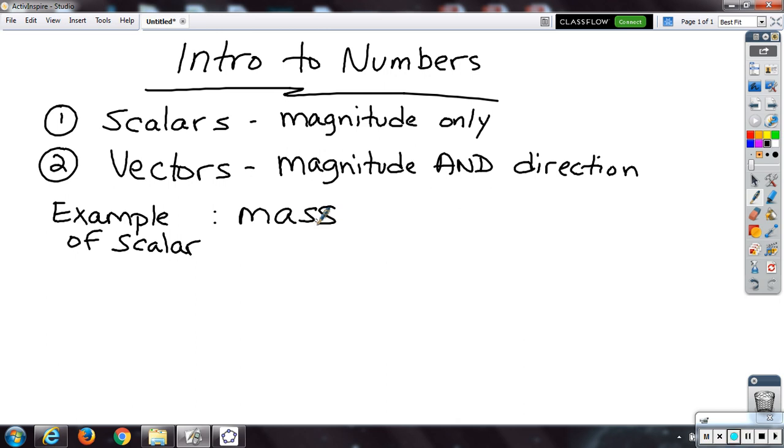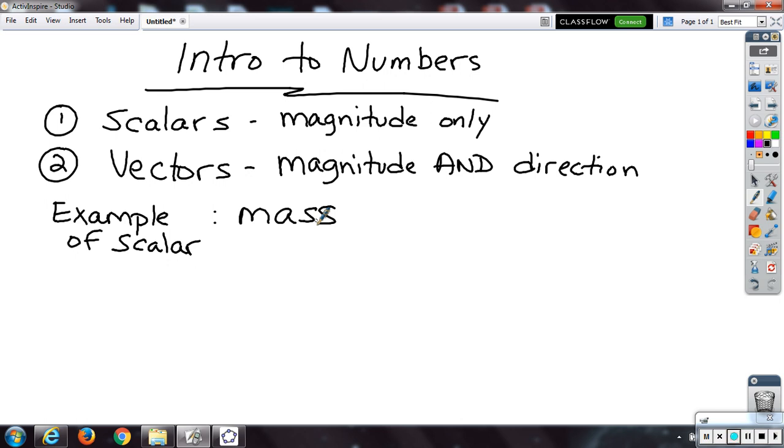Because it tells you the amount of matter in an object, but does not require that you describe what the direction of that quantity is. So there's no need to say the object has a mass of 5 kilograms north or 10 kilograms south. It doesn't really make much sense to describe it in that way, and so naturally mass falls into a scalar category.